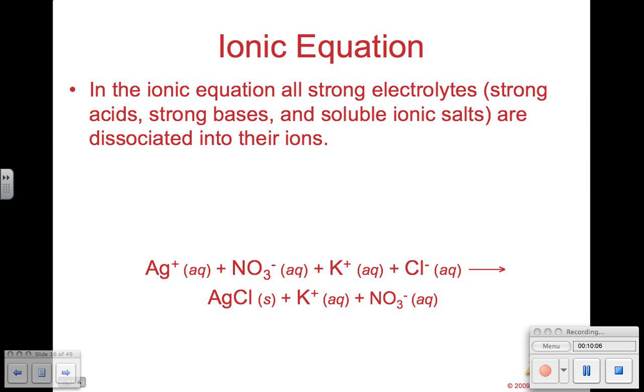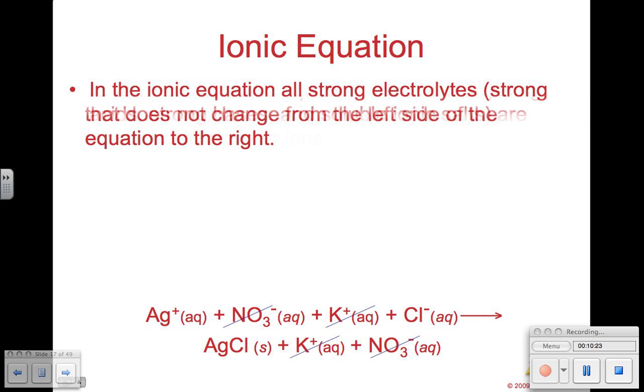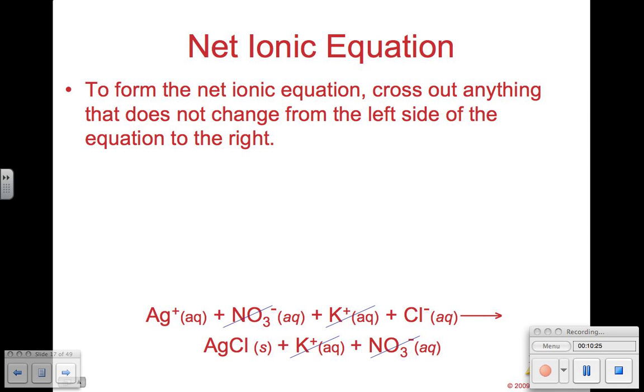So you don't actually have silver nitrate solution. You have silver ions and nitrate ions floating in a solution. It's just a big mixed bag. You break everything apart, because technically this is really what's going on in the reaction, rather than the previously written one.